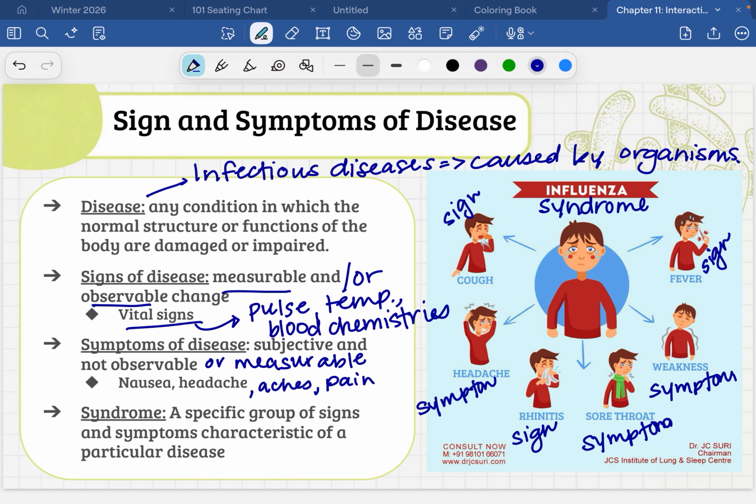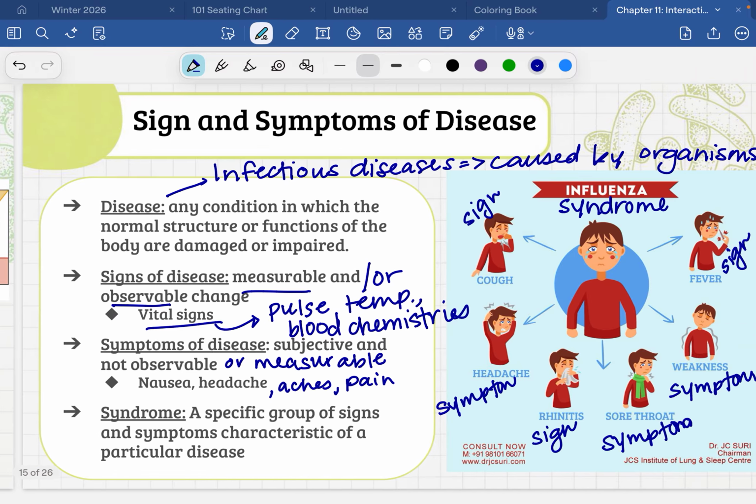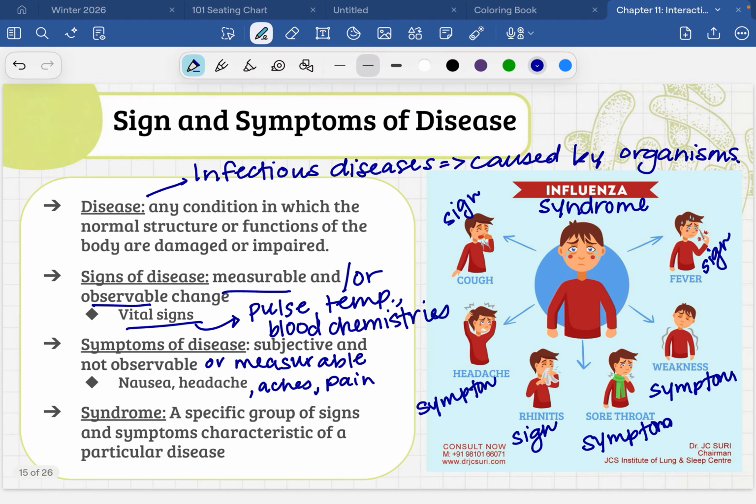So a fever is going to be a sign. Okay. And so those are the signs and symptoms of a disease. And when we talk about particular illnesses, we will spend a fair amount of time talking about signs and symptoms of particular illnesses and how we use those signs and symptoms as a way of diagnosing those illnesses.